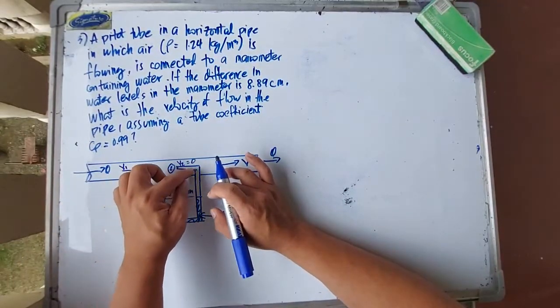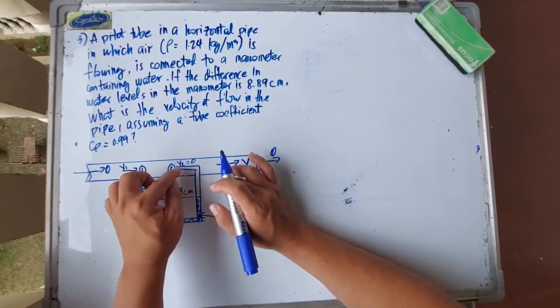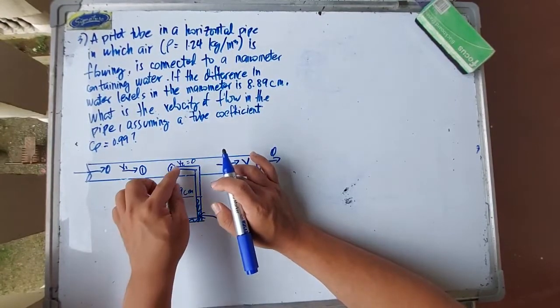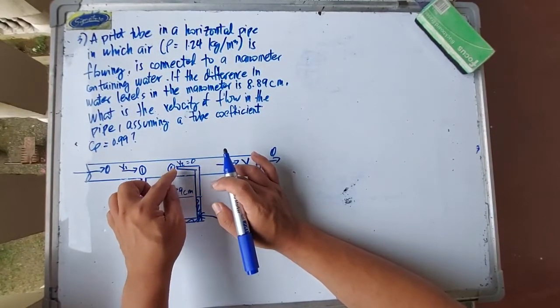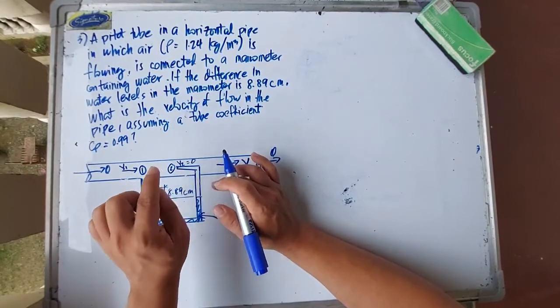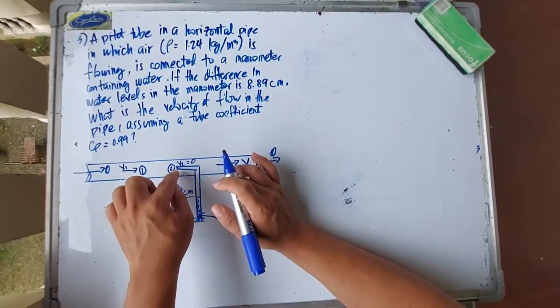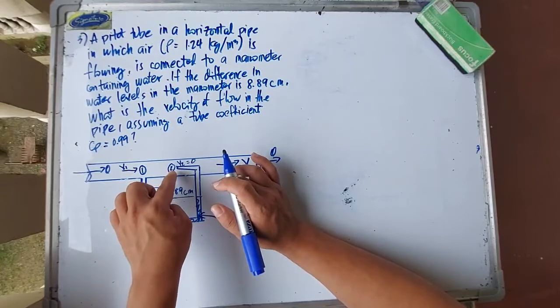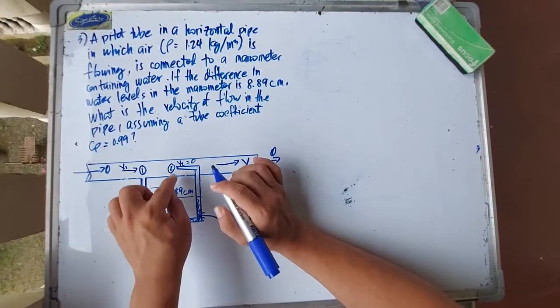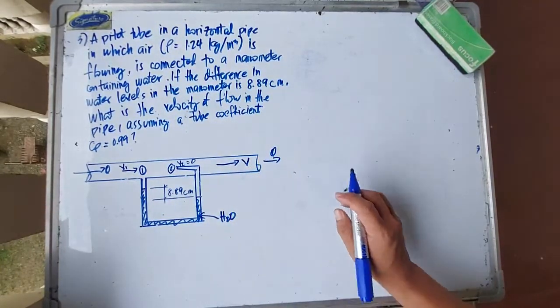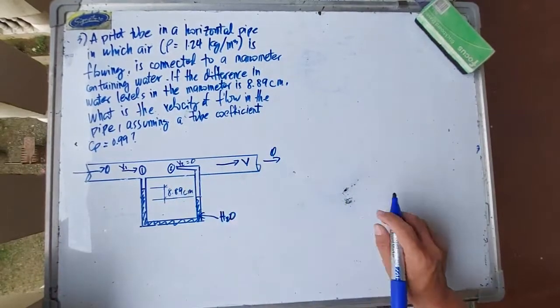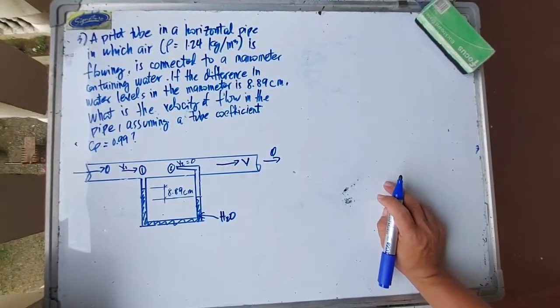That means the air here is not flowing, because it has nothing more to push. So if we put point 2 at the mouth of the Pitot tube, then definitely there's no velocity at that point. We call that the stagnation point.